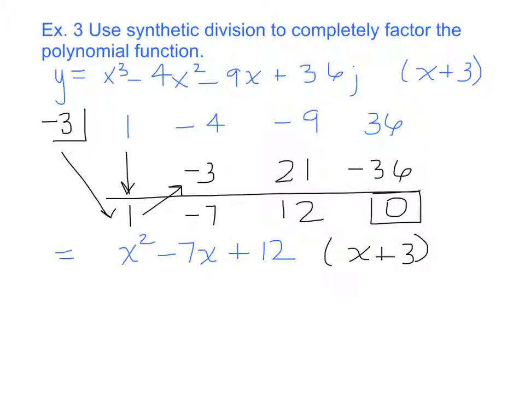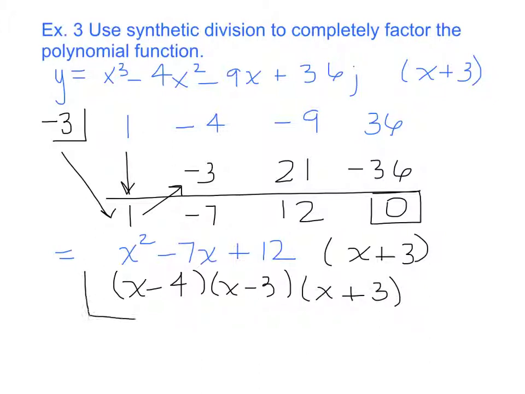So my other factors will come from factoring this quadratic. Two factors of 12 that give you negative 7 would be negative 4 and negative 3. So I'm just going to bring this one down. And this is completely factored.